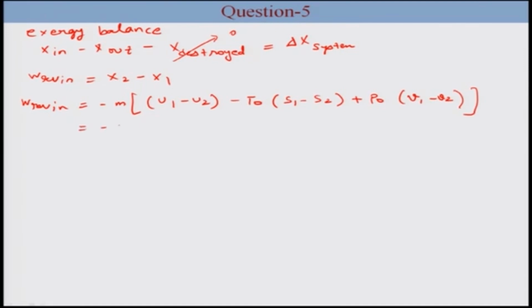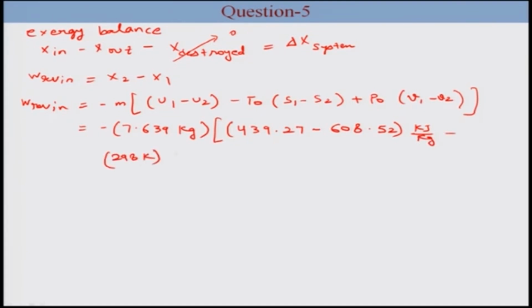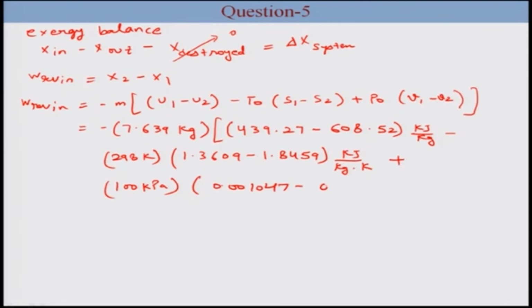So this is equal to minus 7.639 kg multiplied by [U1 minus U2, which is 439.27 minus 608.52 kilojoule per kg, minus 298 Kelvin, which is T naught, times (S1 minus S2, which is 1.3609 minus 1.8459 kilojoule per kg Kelvin), plus P naught times (V1 minus V2), which is 100 kilopascal multiplied by (0.001047 minus 0.1176 meter cube per kg)].